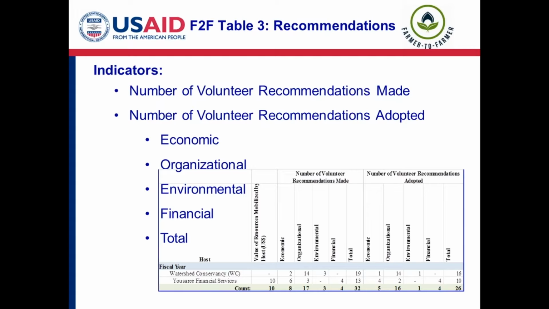When we talk about the financial indicators, we really stress that if an organization receives a loan, don't report that in a financial indicator. If an organization receives a loan as a result of volunteer assistance, that should go in resources mobilized by the host. If, as a result of farmer-to-farmer assistance, an organization qualifies for a grant, that should go in resources mobilized by host. Those kinds of things.